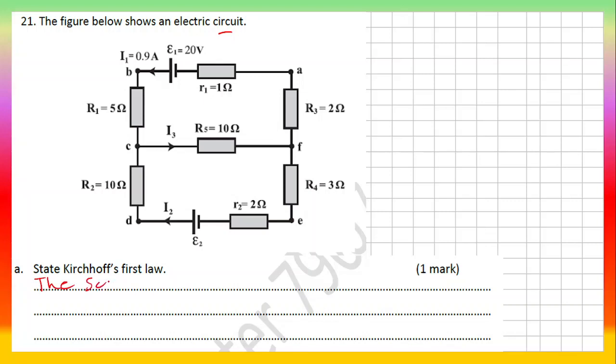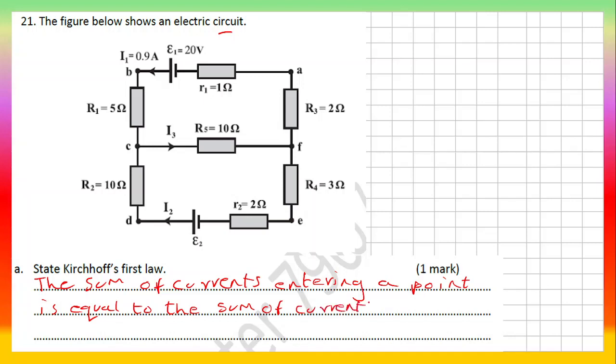So the sum of currents entering a point is equal to the sum of currents leaving the point, or the junction, the point in a circuit.